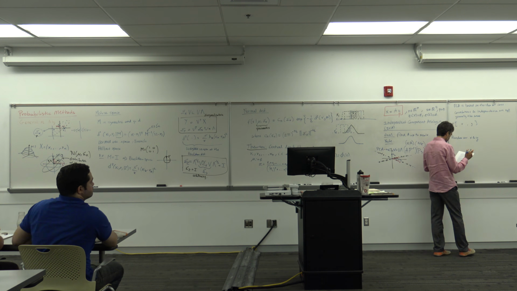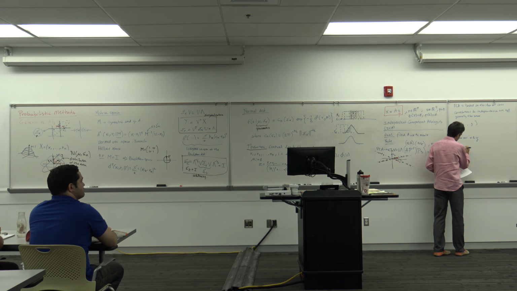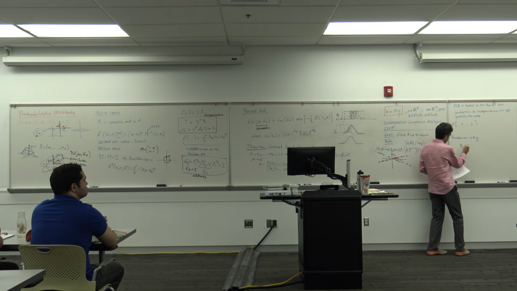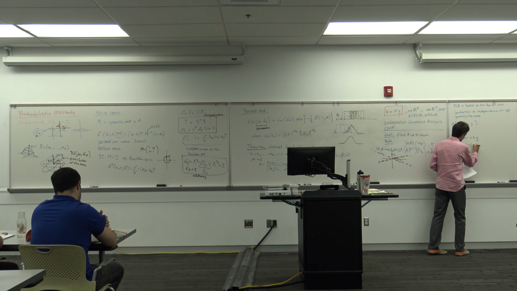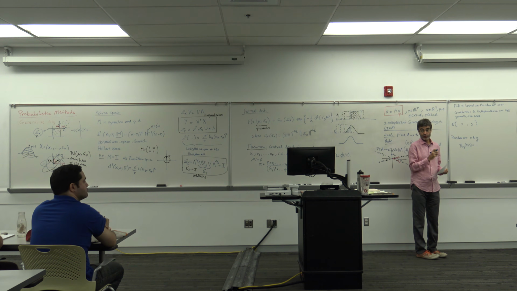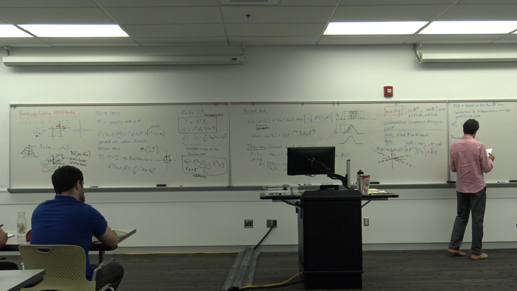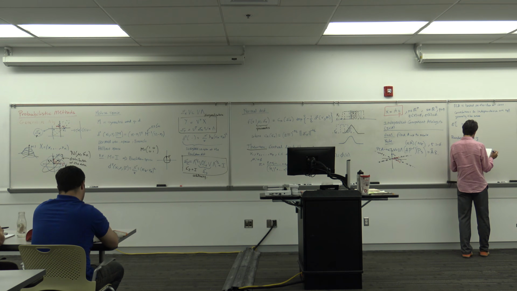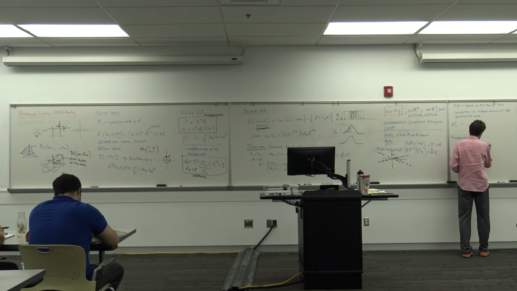Independent means that the joint distribution of x and y is equal to the product of the marginal distributions, px of x times py of y.